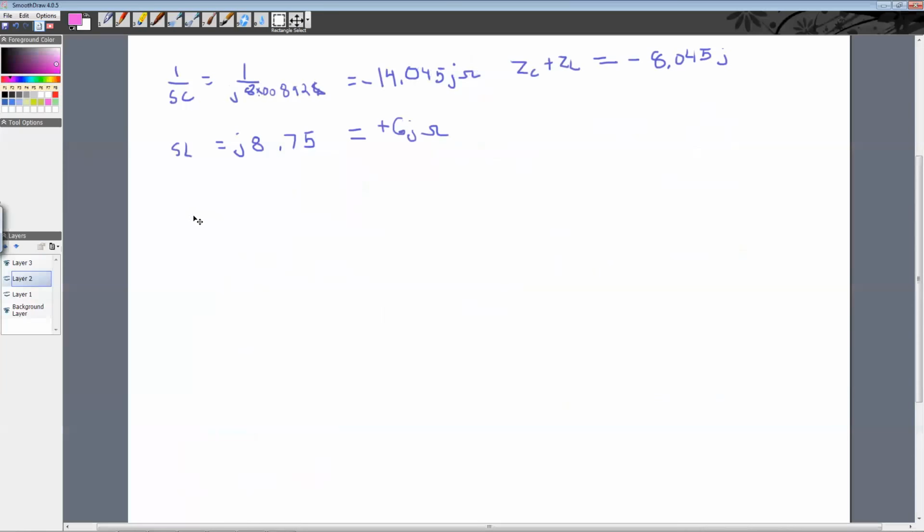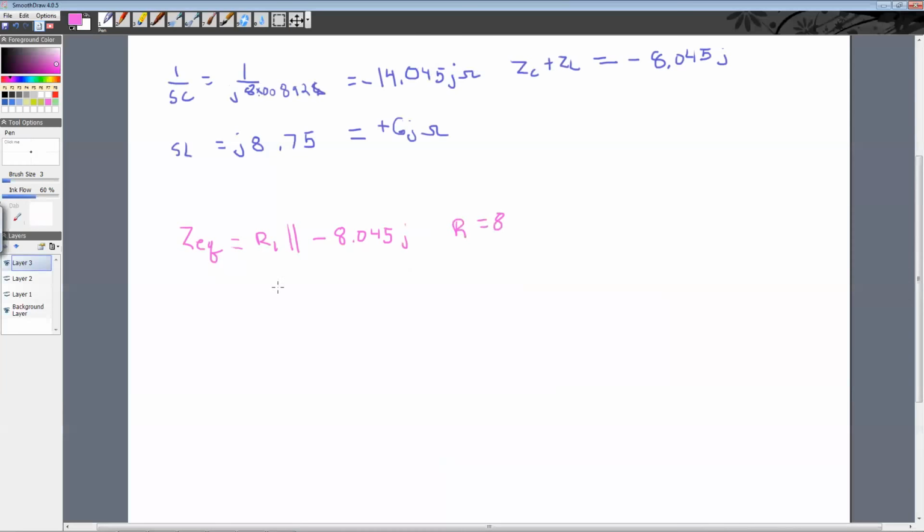So we'll just switch colors. So Z equivalent equaled R1 in parallel with minus 8.045 J. I'm just leaving the ohms off because I'm in a hurry. And so R in this problem equals 8.